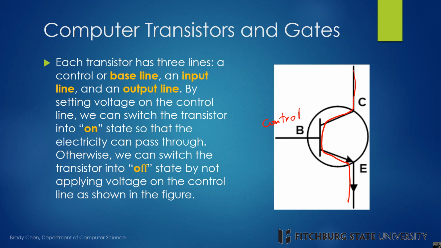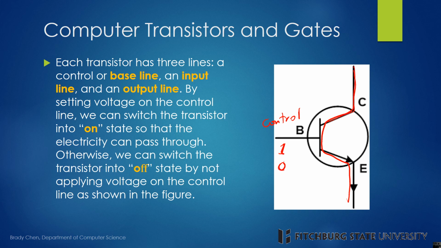When we apply the voltage on the control line, we use the number 1 to say we set a voltage. 0 means we don't apply a voltage on the control line. If the value is 1, the electricity can pass through.